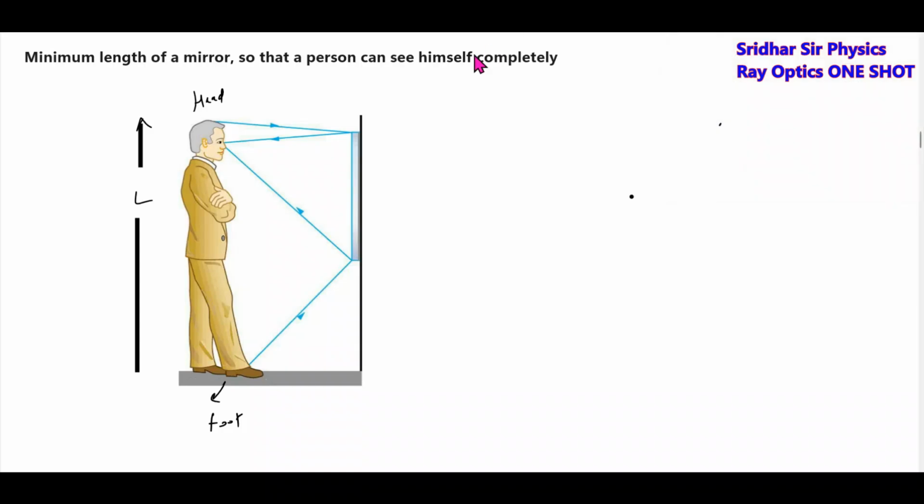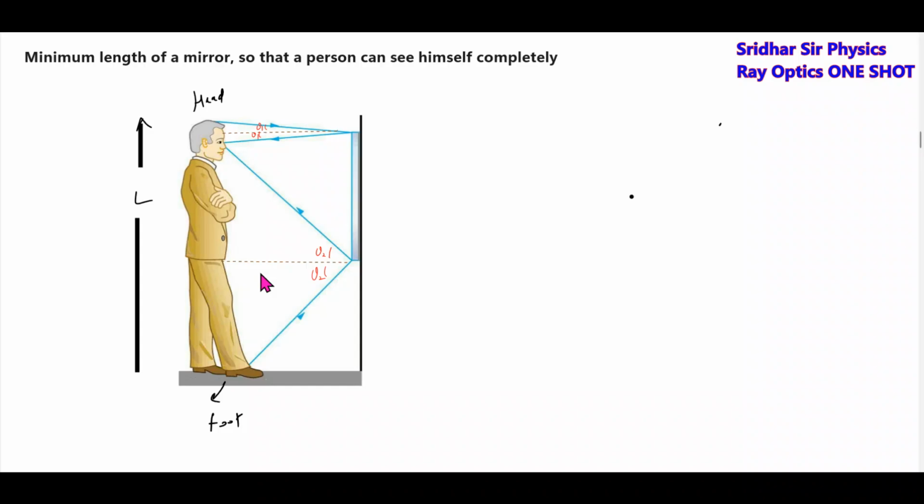Here we take the normal to the mirror. This will become theta 1, theta 1, theta 2, theta 2. The rays emitted by the head after reflection will enter into the eye, and the rays emitted by his foot after reflection will enter into the eye.